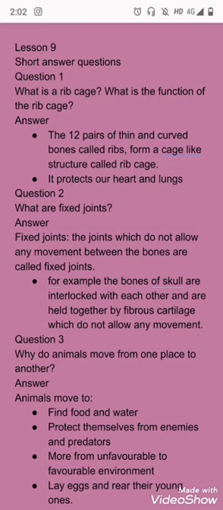Some show maximum movement, some show minimum movement, but some sort of movement was shown by the movable joints. But when we talk about the immovable, the fixed joints, they do not allow any movement between the bones. That is why we call them the fixed joints.